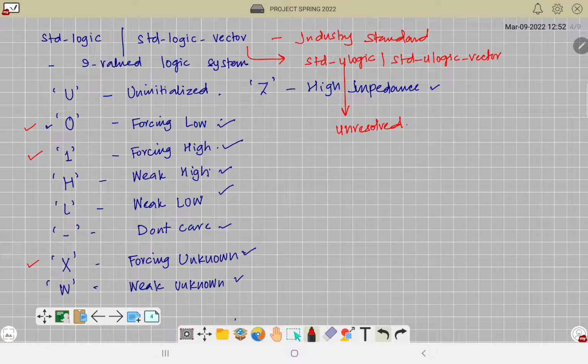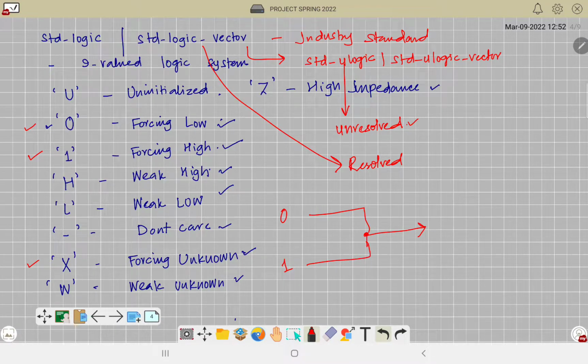Again, you don't need this, but if you are interested, in fact I would encourage that आप थोड़ा ये देख लो what you mean by resolved logic. ये जो आपका STD logic है, it is a resolved logic system, and this one is unresolved. It has something to do with अगर आपके दो wires आ रहे हैं, one is at 0, another is at 1, and they meet at a point.